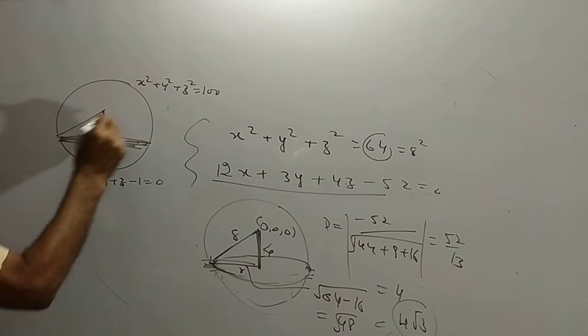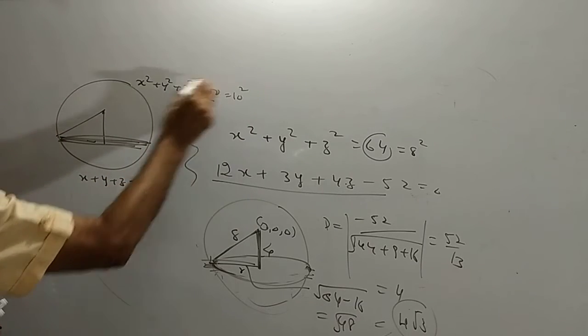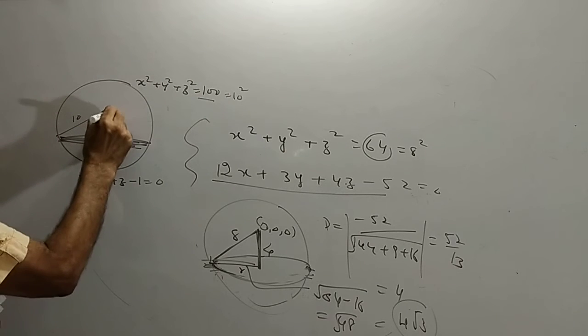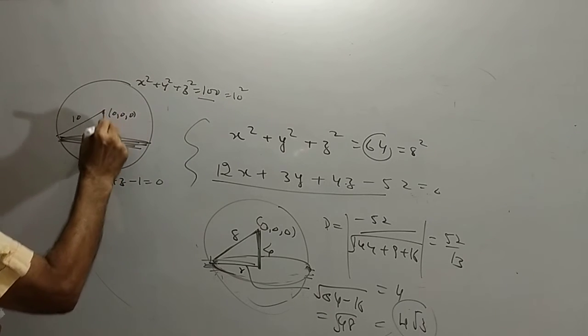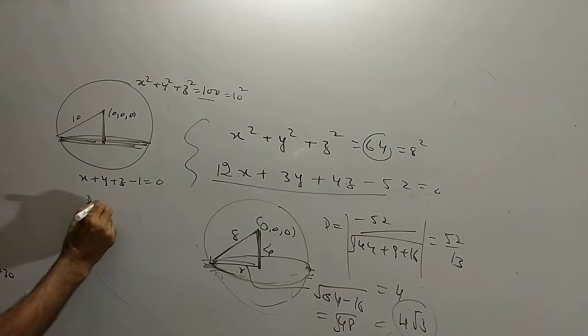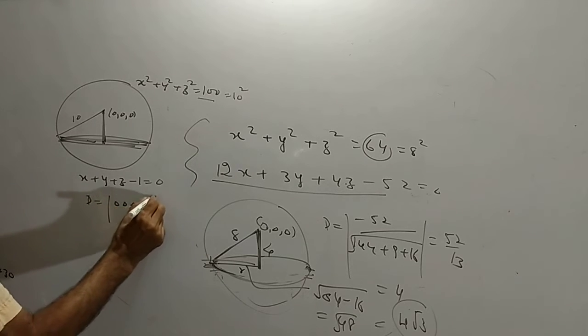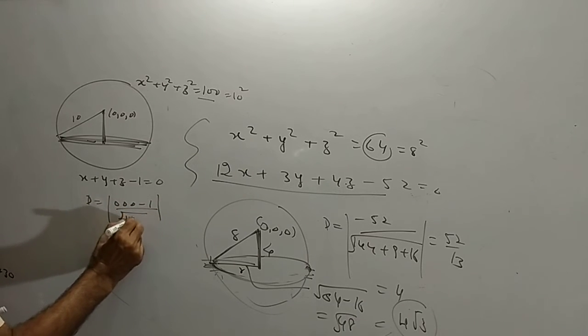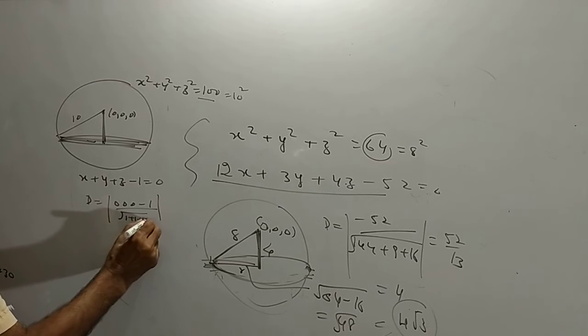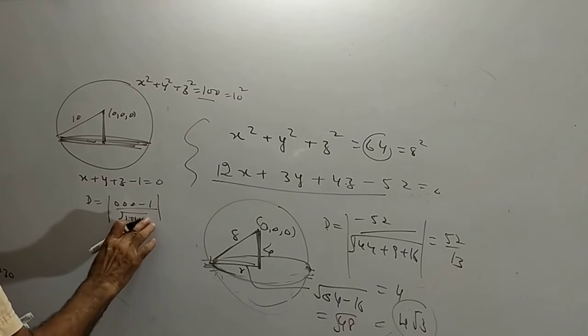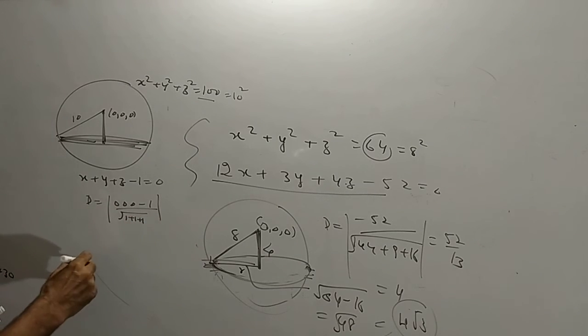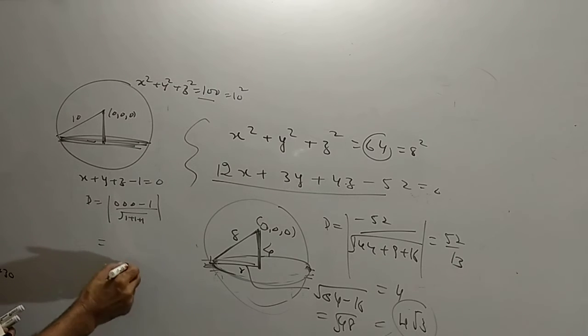The radius of the sphere is the square root of 100, which is 10. The distance from the origin is (0 minus 1) divided by the square root of 1 plus 1 plus 1, which is 1 over root 3.